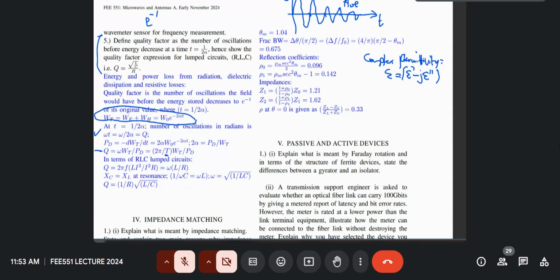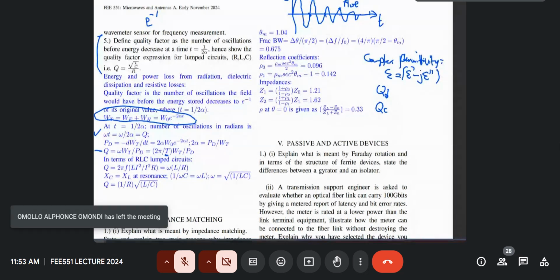So if there's a complex permittivity, it means we are going to have two values for Q, which is going to affect this oscillation. So number one, you'll now have Q due to the dielectric, and another Q due to the conduction on the walls. Here we normally treat them in parallel.